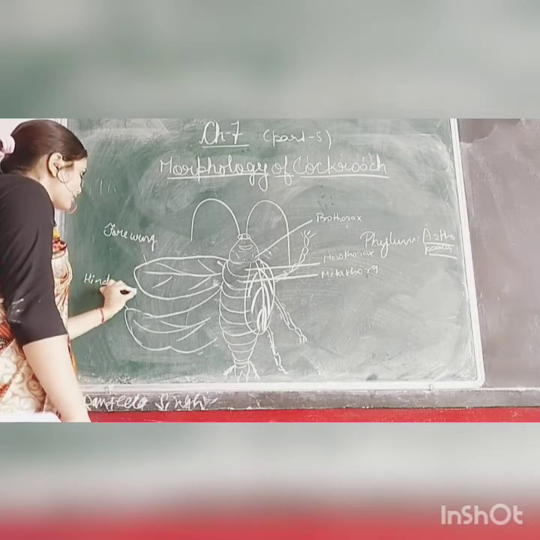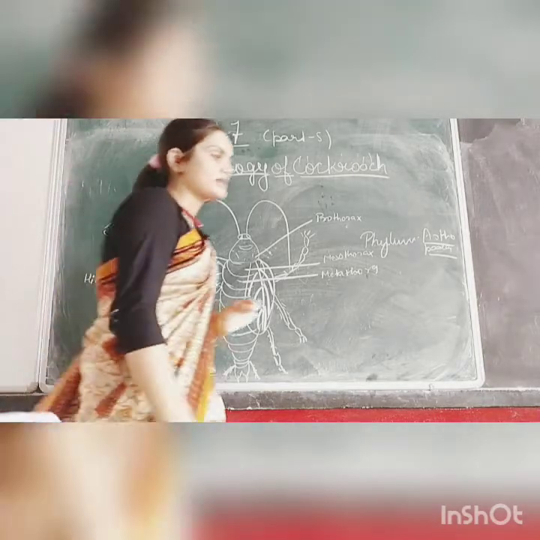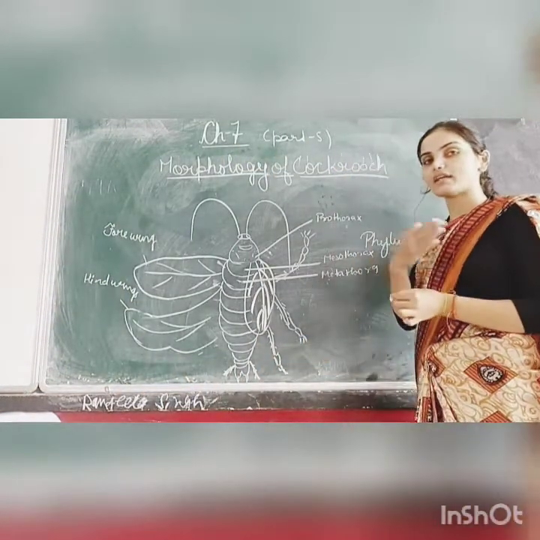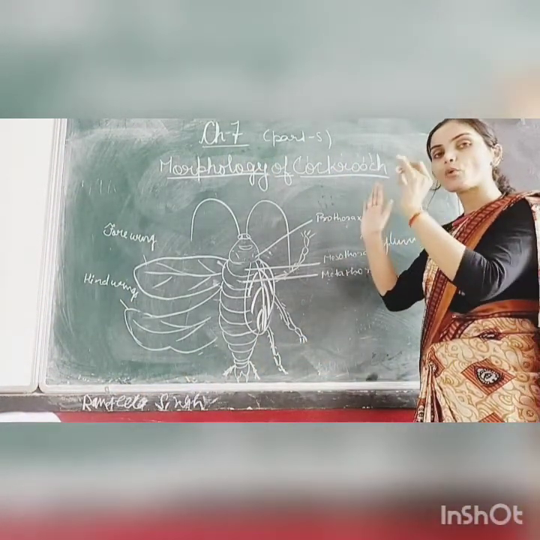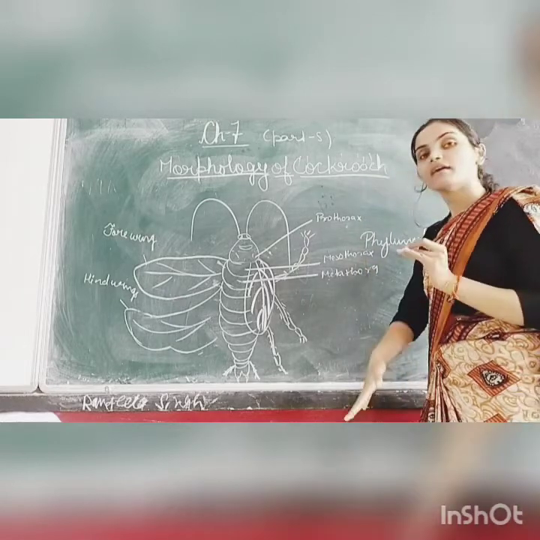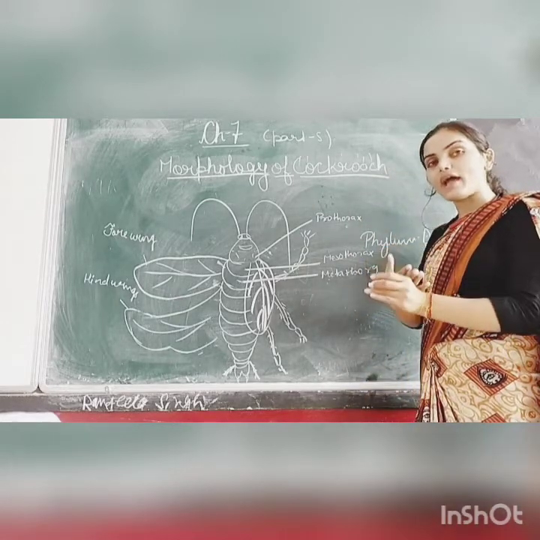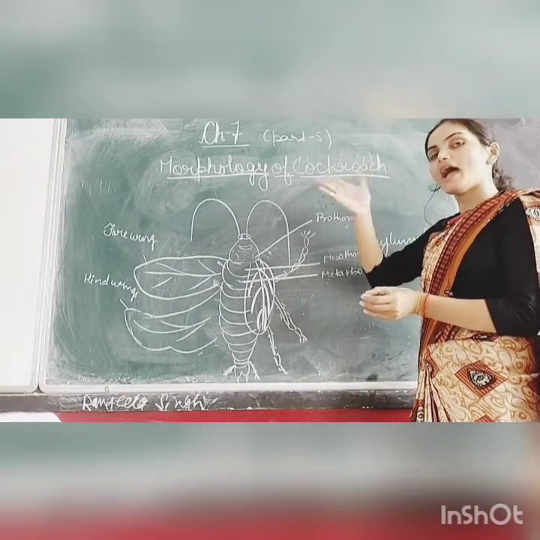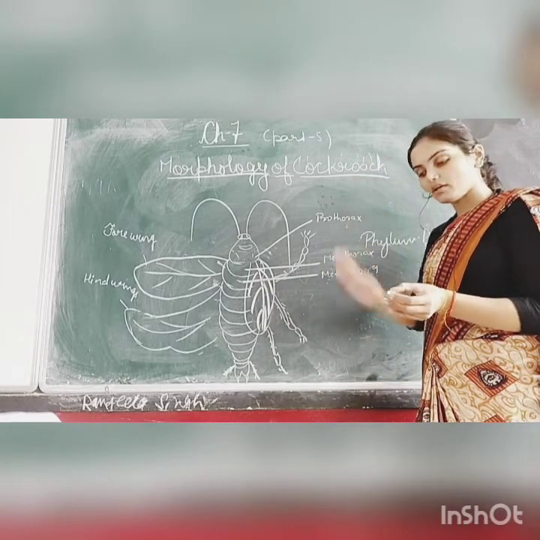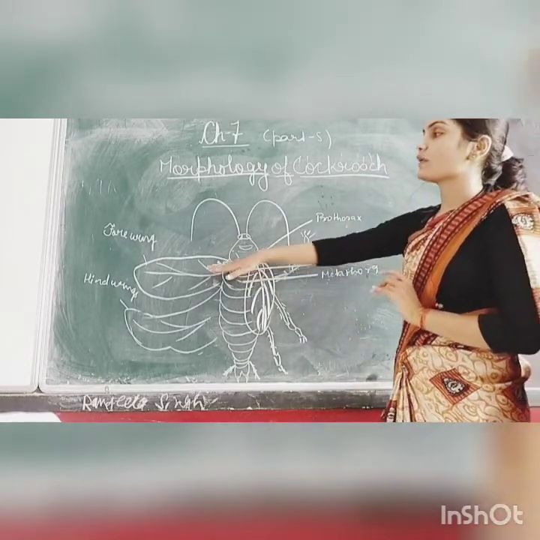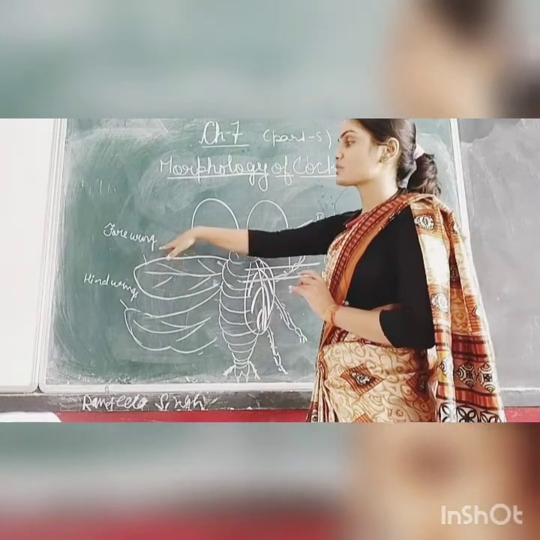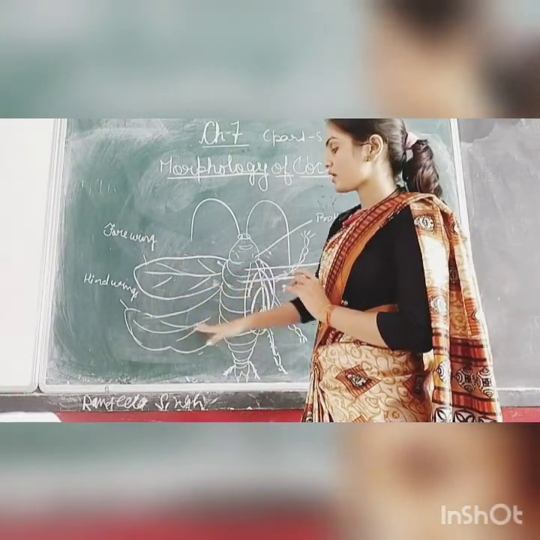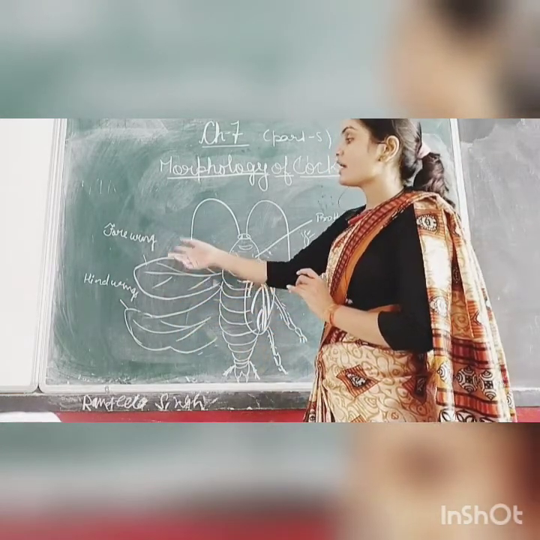As in our case, we say that our hands are forewings and our legs are hind wings, because our hands are towards our head side and our legs are towards our lower side. So here also the wings towards the head side are forewings, and the wings towards the abdominal side are hind wings.